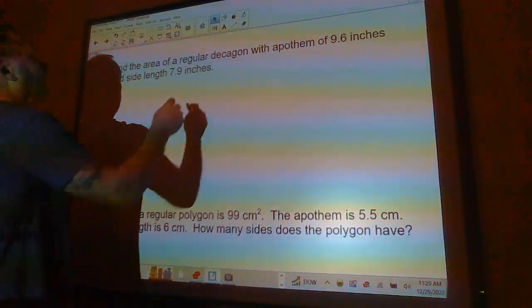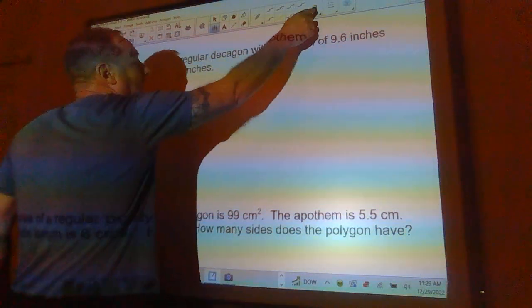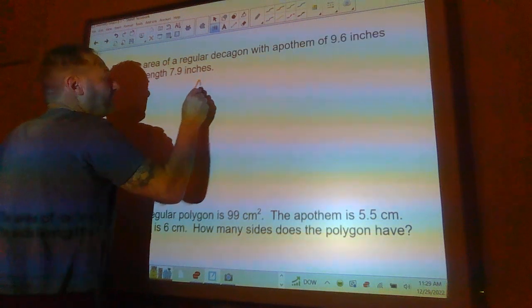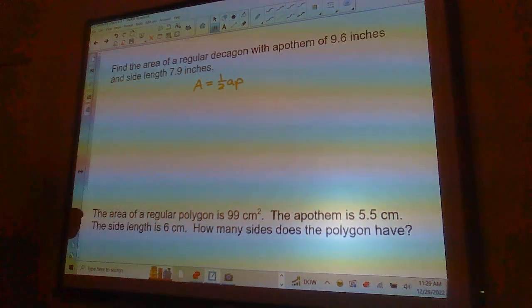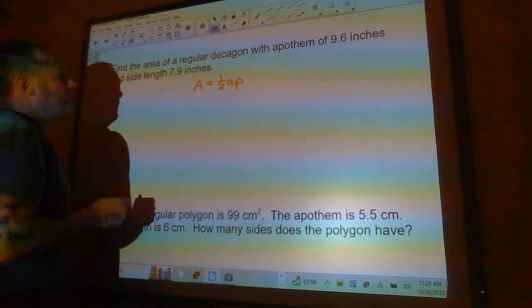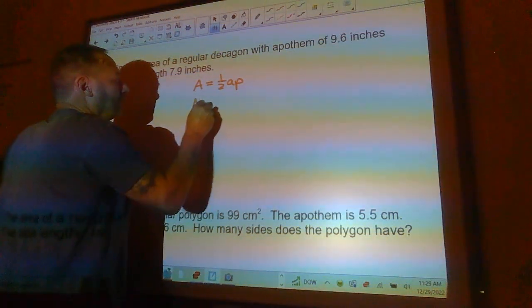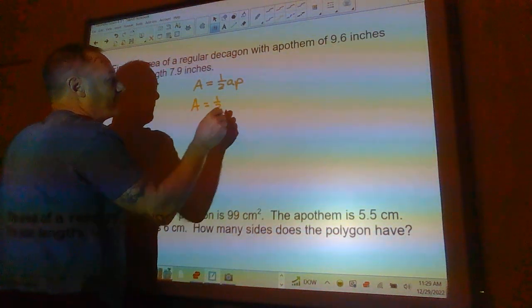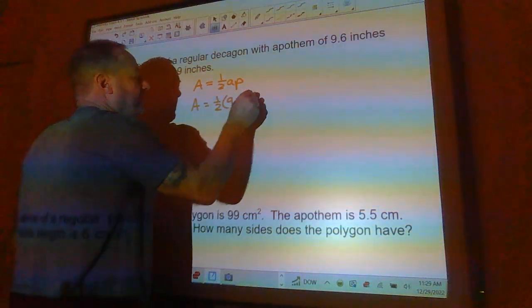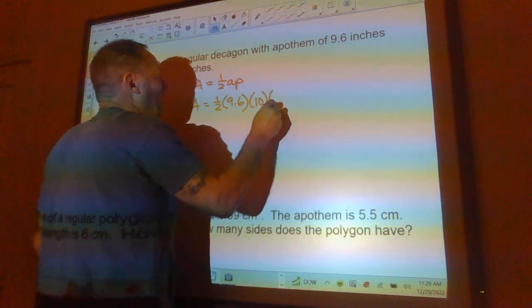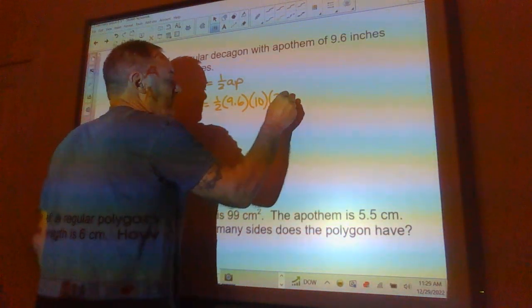Okay, so we're going to go ahead and write down our formula here. 1/2 the apothem times the perimeter. And we've got an apothem of 9.6. We've got a perimeter that's got 10 sides that are each 7.9 inches.